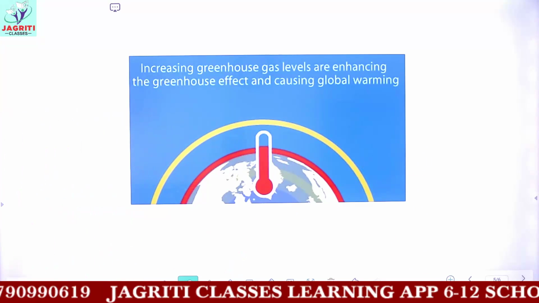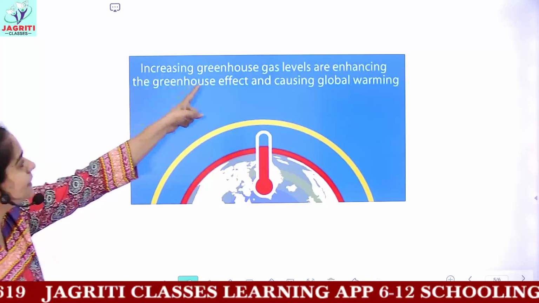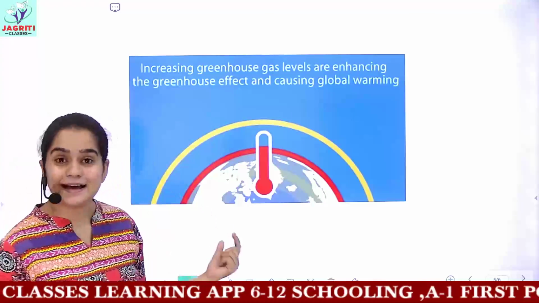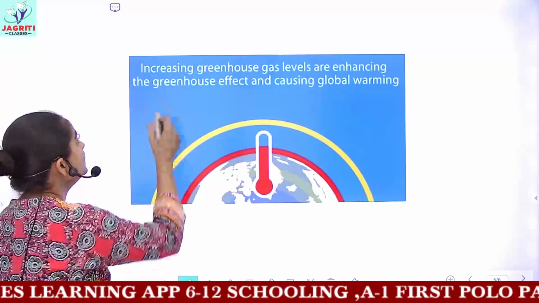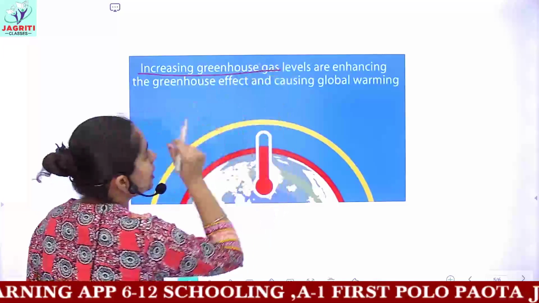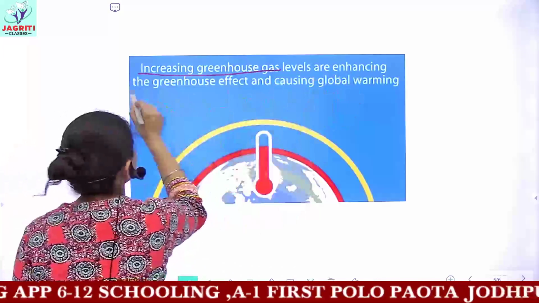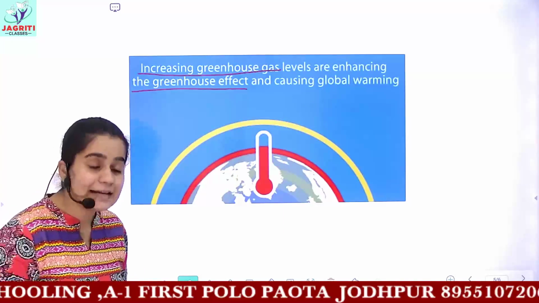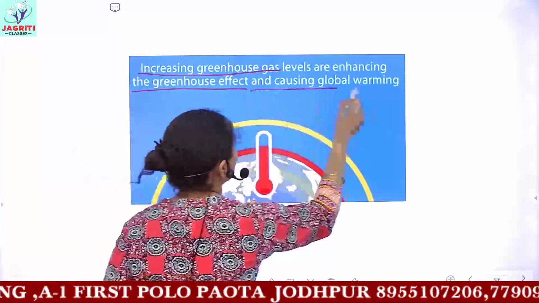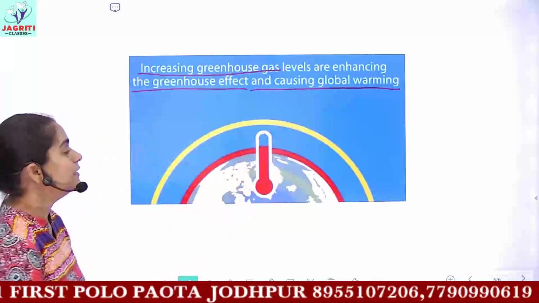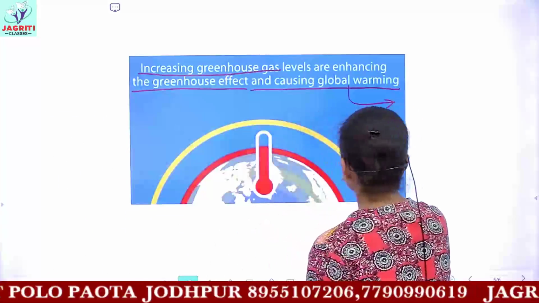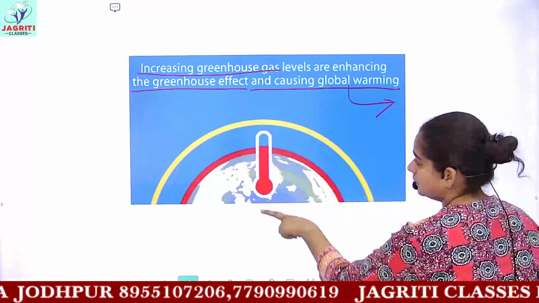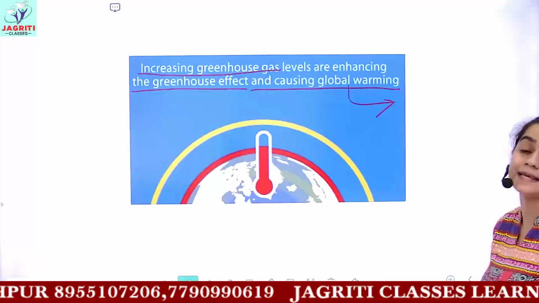Next one is the phenomenon of global warming, which I told you. Increasing greenhouse gas levels. The greenhouse gases which we saw in the last slide, when they increase in amount, are enhancing the greenhouse effect. So the greenhouse effect, that is the trapping of sun's energy, is increasing and it is causing global warming. You can define global warming in this manner. You have been shown a thermometer, that the average temperature of the earth is increasing day by day.